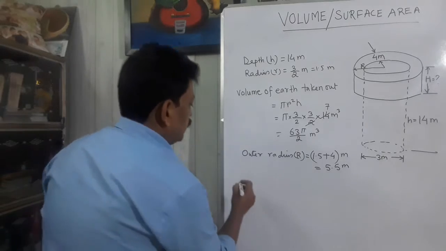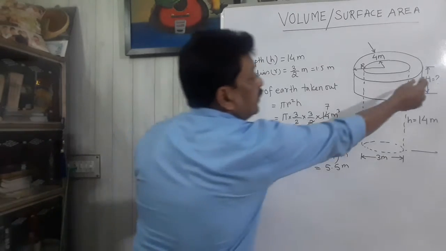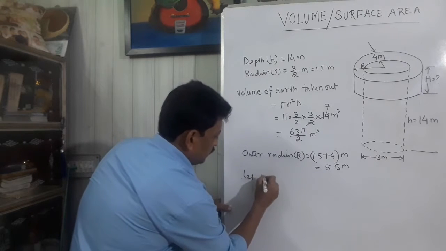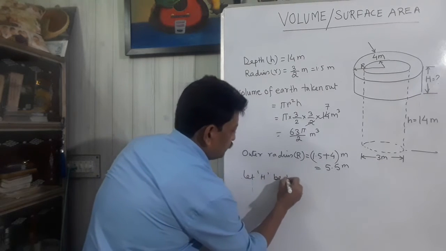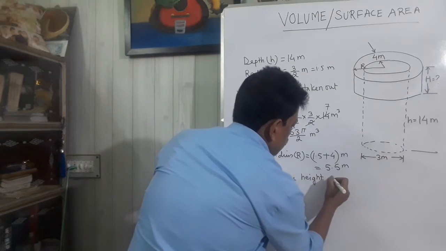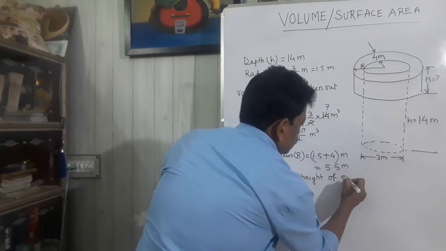Now, volume of earth in the embankment. Let capital H be the height of the embankment.